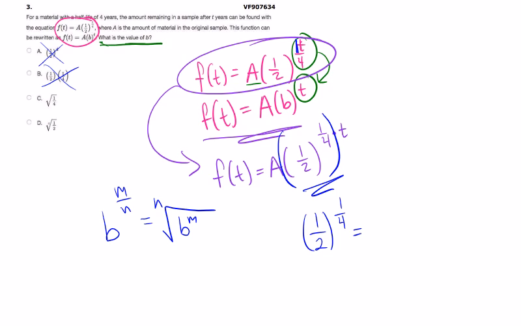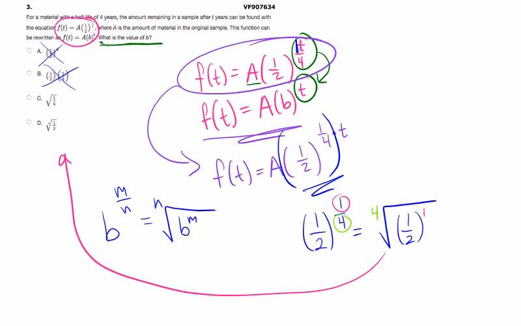So I can convert that to a radical where this becomes my index, and then I put the 1/2 inside here, and this becomes my inside exponent. And so now you can see which one of these it looks like.